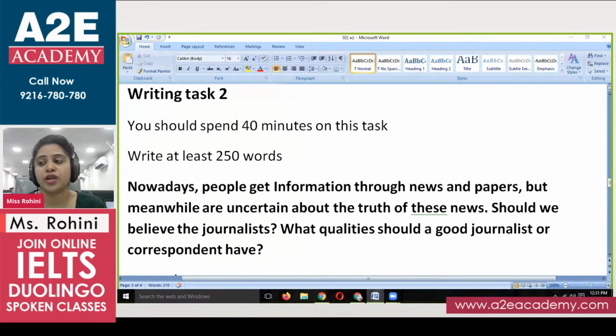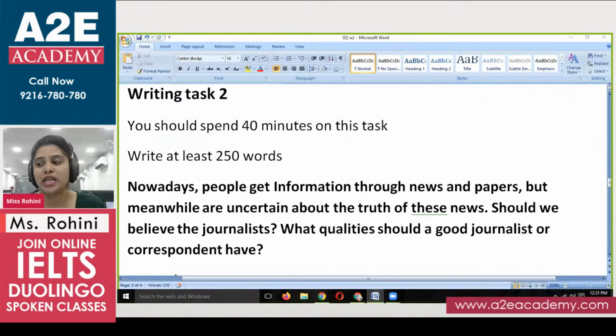Just you can write only 30 to 35 words. Okay, just give a brief information about the task, about the features that you are going to discuss in the body paragraphs. Okay, and then in body paragraph you have to write around 70 to 80 words.